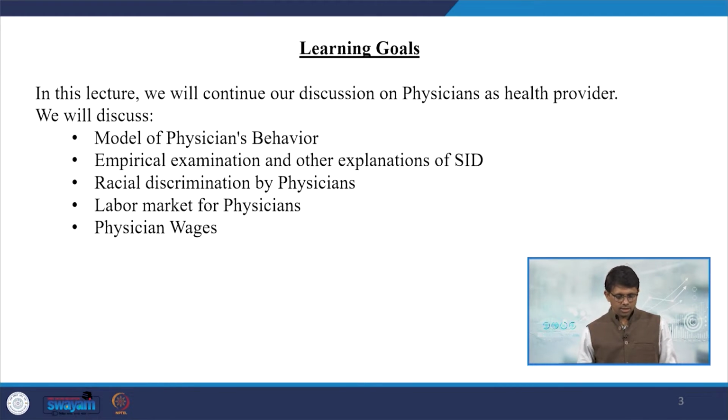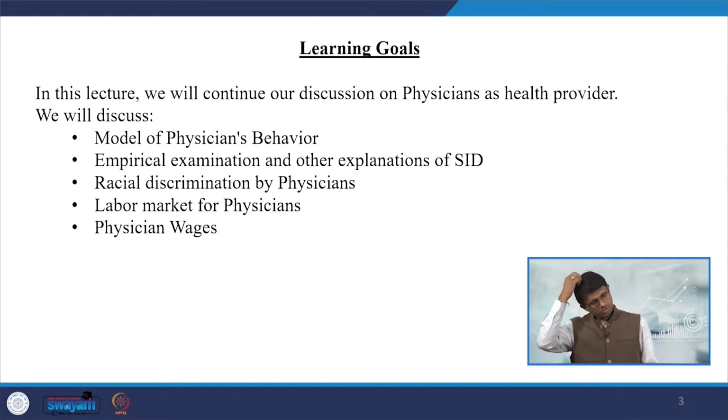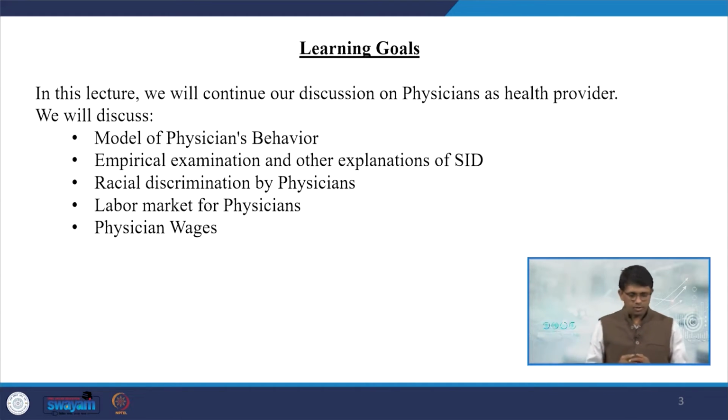So this is as follows. We'll talk about the physician's behavior through a model, and we'll also empirically examine the behavior, how it is optimal for the supply side. And there are some forms of discrimination made by physicians.